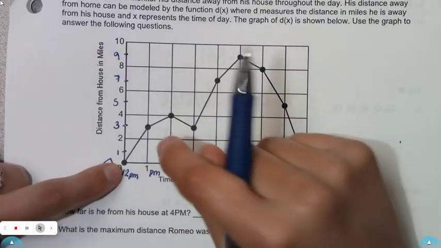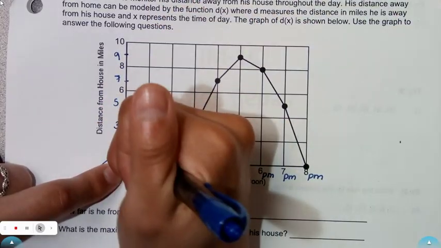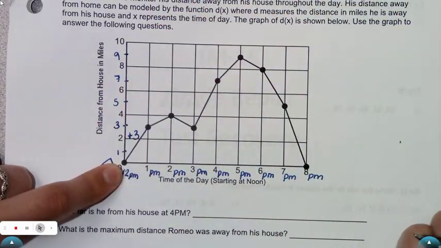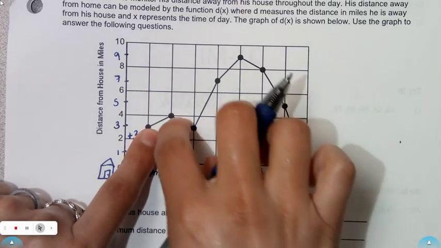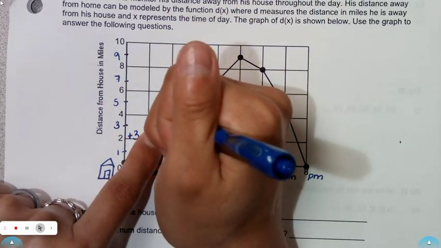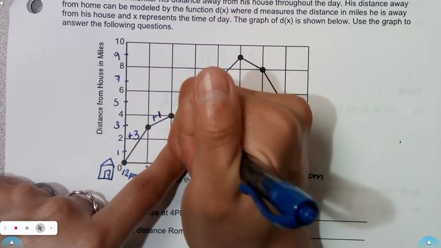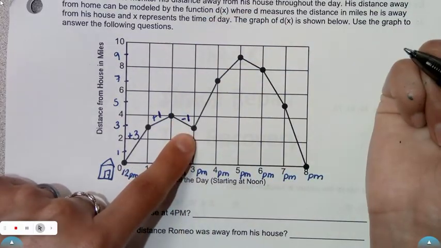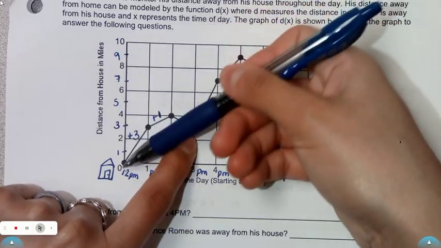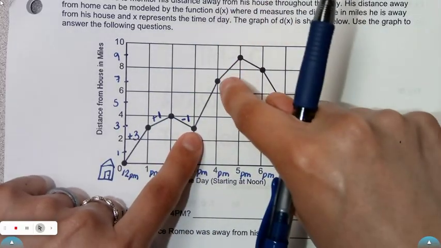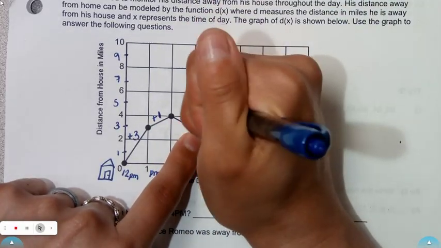All right, to go from 0 to 3, that's an increase of 3. To go from 3 to 4, that's an increase of 1. To go from 4 to 3, we went down 1. And I'm looking at these numbers on the side. To go from 3 to 7, that's an increase of 4.